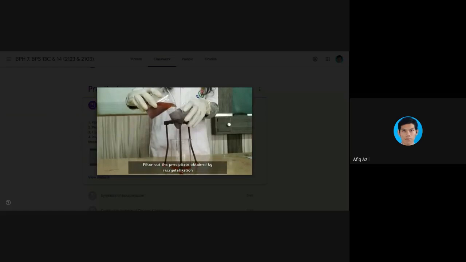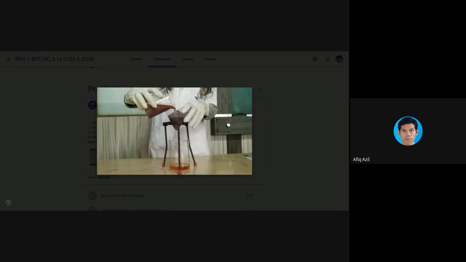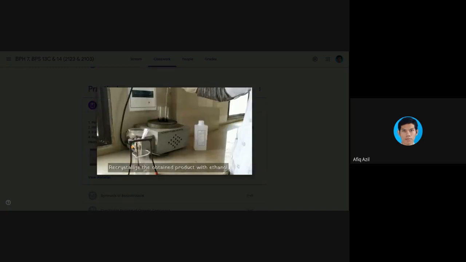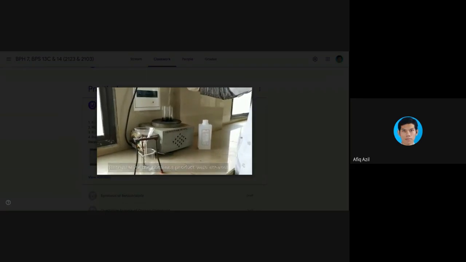Filter out the precipitate obtained by recrystallization. Recrystallize the obtained product with phenol.